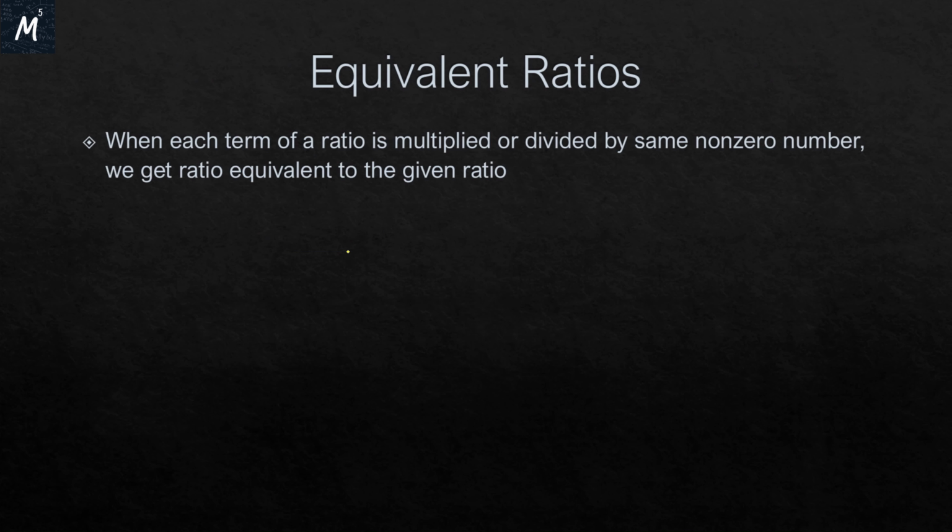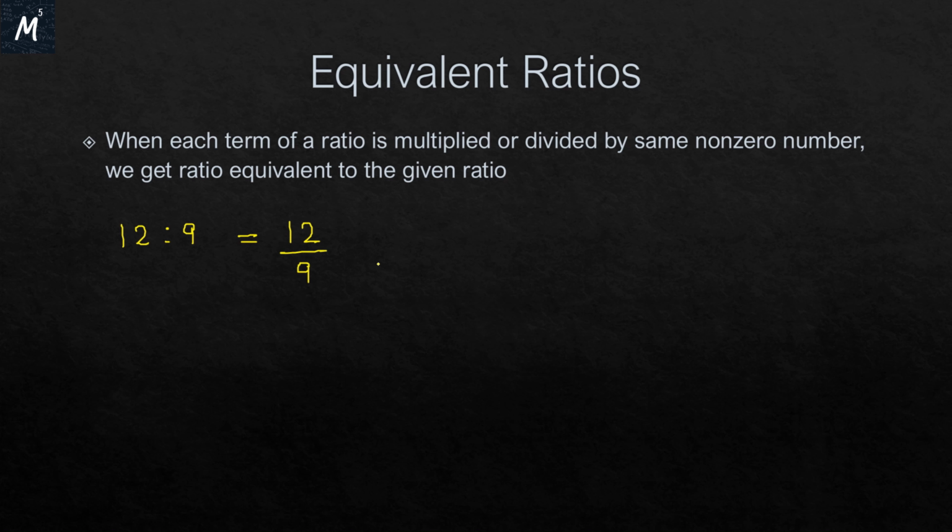Next, equivalent ratio. When each term of a ratio is multiplied or divided by the same non-zero number, we get a ratio which is equivalent to the given ratio. Let's take an example. Let's say we have 12 is to 9. We will write this 12 is to 9 in division form.